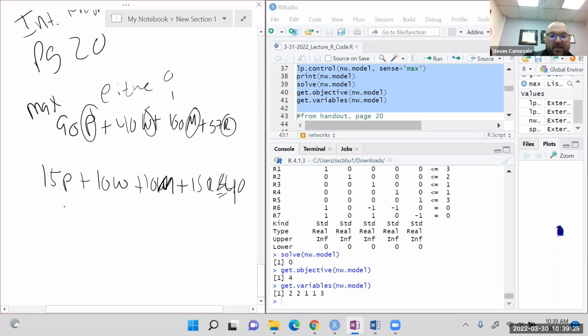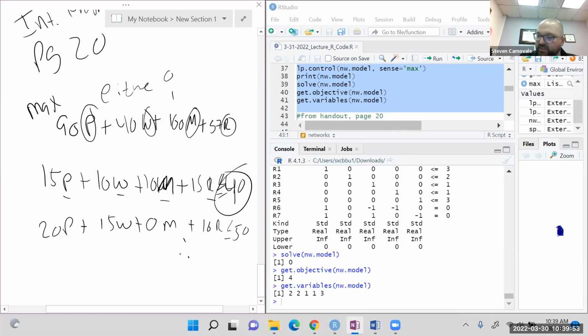So what I'm saying is, whichever of these is 1, the combination of all of them has to be less than my upper bound of 40,000. Okay, what's the next year? Then I have 20 P plus 15 W. I have 0 on the next one for M, because there isn't any cash flow that's required, plus 10 R, that has to be less than or equal to 50. And you do this for each of the years.